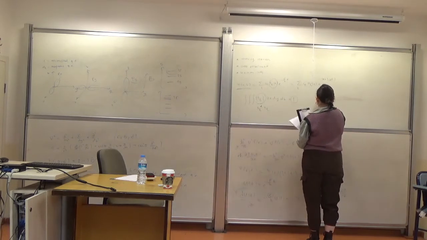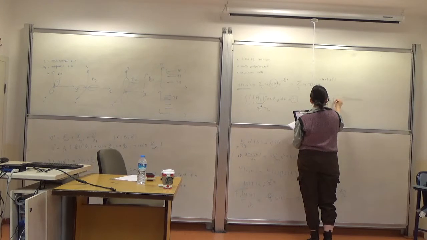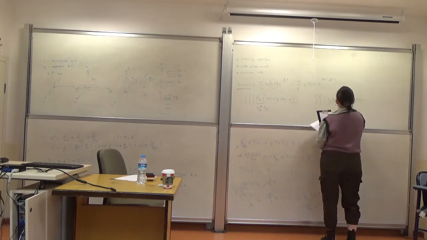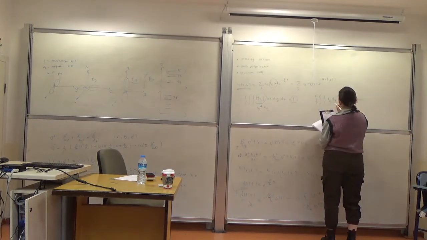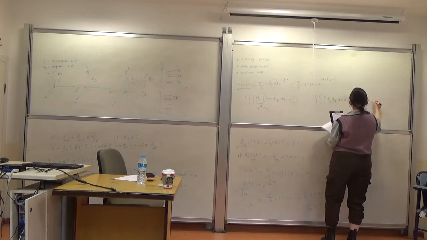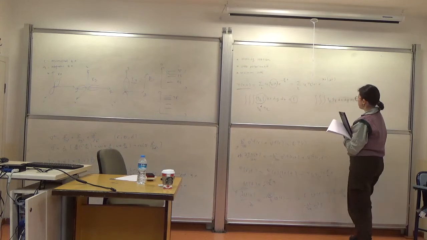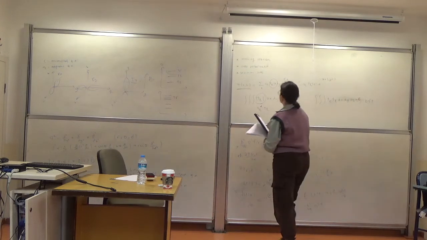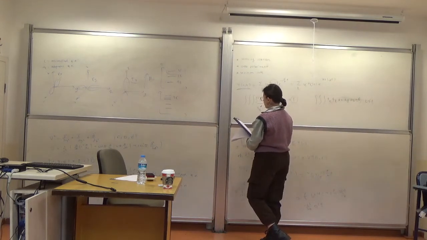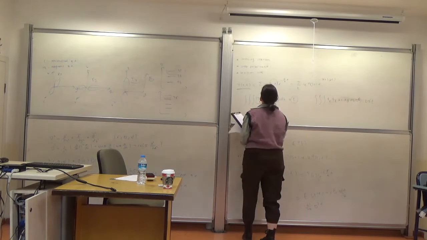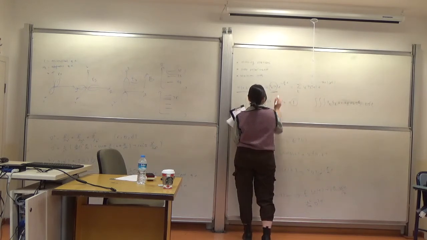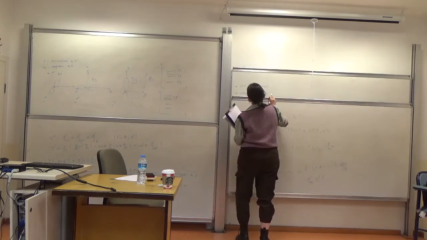But since they're orthogonal, another wave function, where k and l are not equal to each other, will give you 0. Since they're eigenfunctions, we propose that.